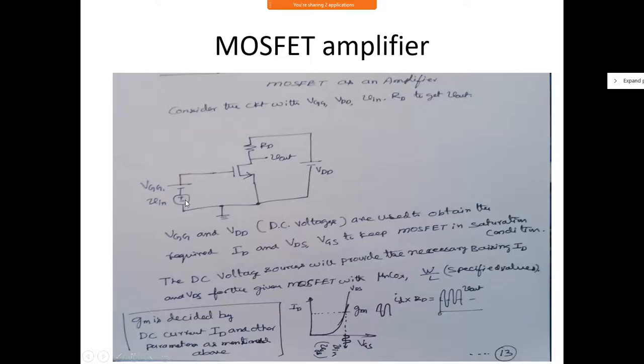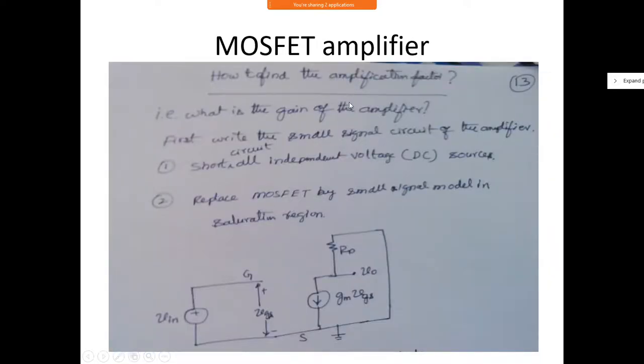That can be found by writing the AC equivalent. Now we can see the procedure for making the AC equivalent. See here what is written: short all independent DC voltage sources.